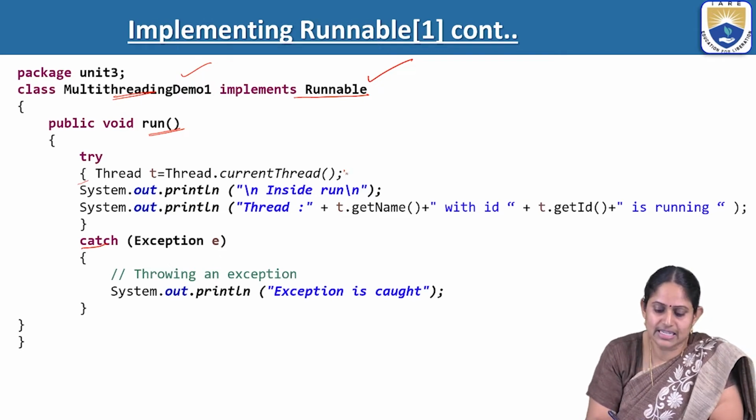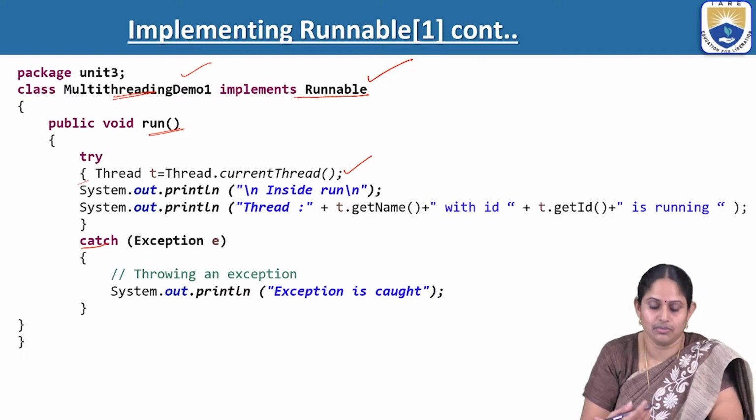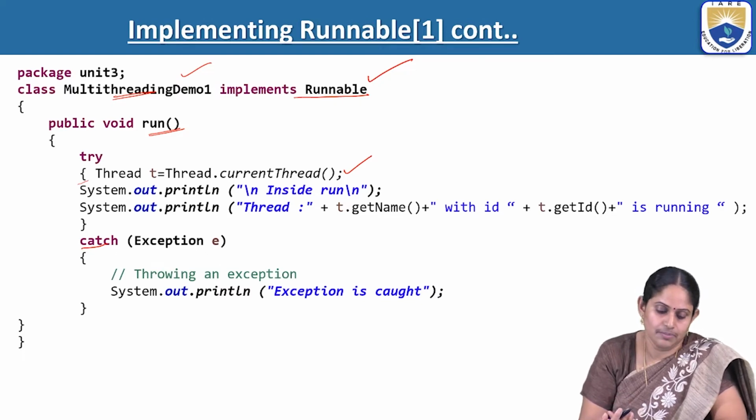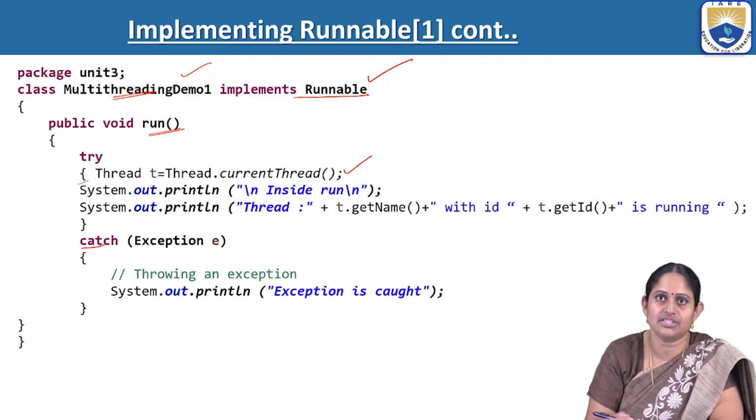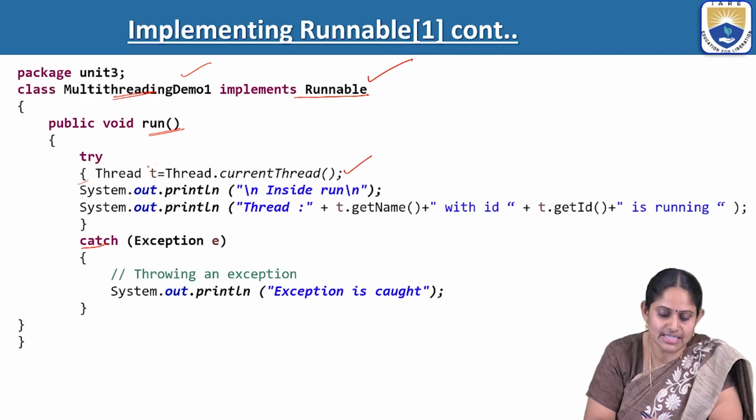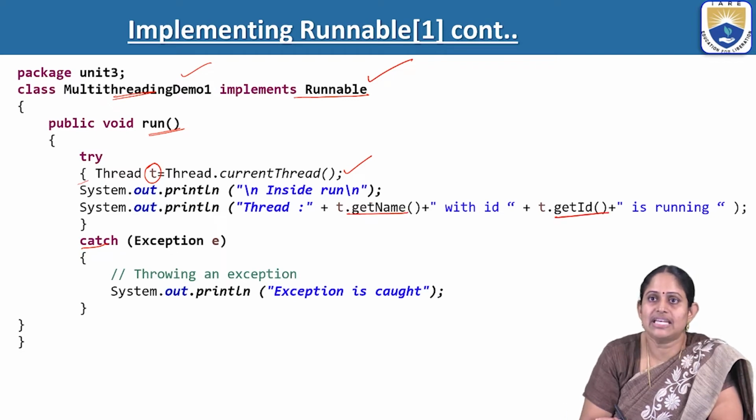We are creating an instance of the thread. Now we are just checking what is the thread that is running. We just have to see the description of that thread which is running. So on that thread we are calling the getName method and the getID method. The getName method will return the name of that thread, and getID will return the identifier of that thread.